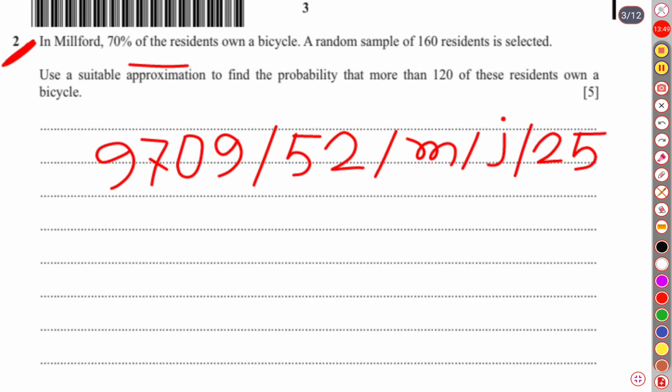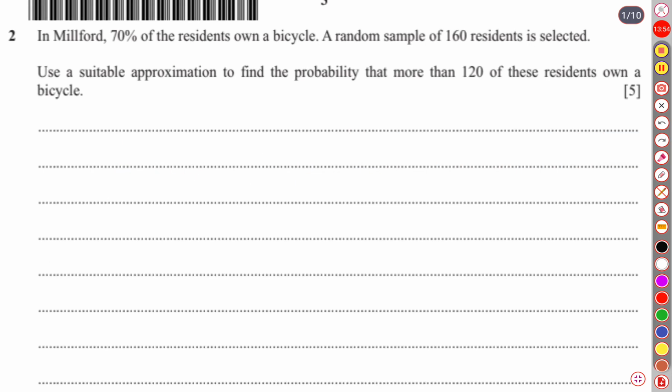Let's start our solution as we did in the previous case. First of all, let us write our p. p is 0.70, so our q is going to be 0.30.